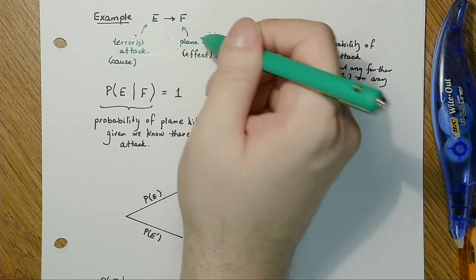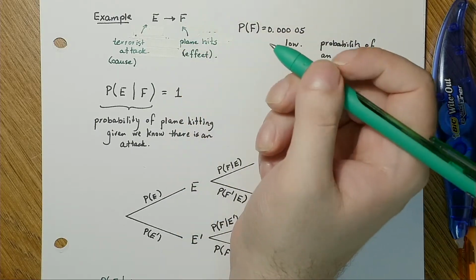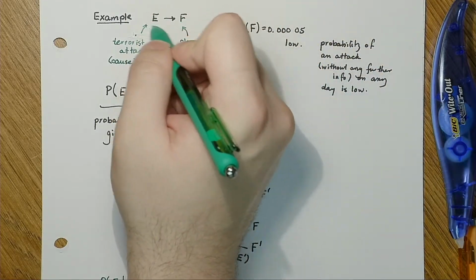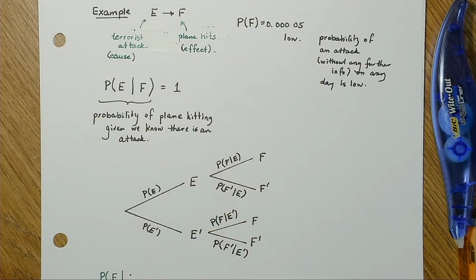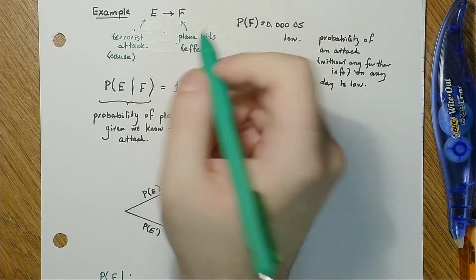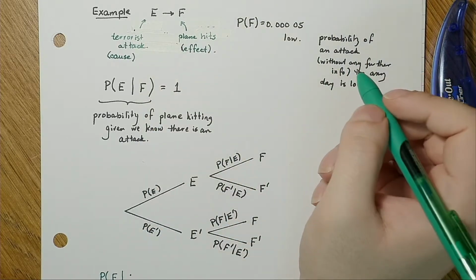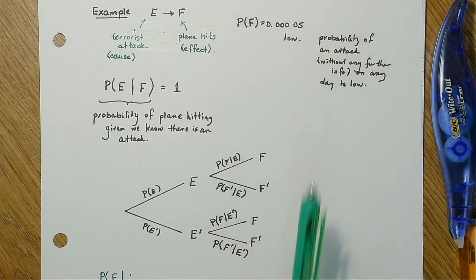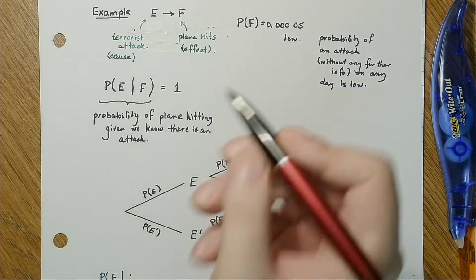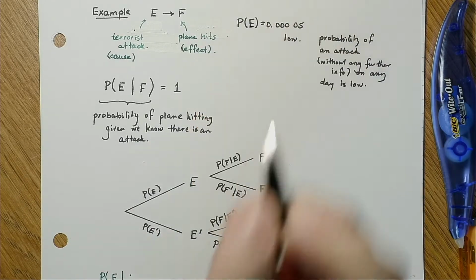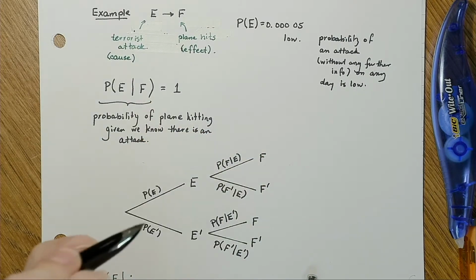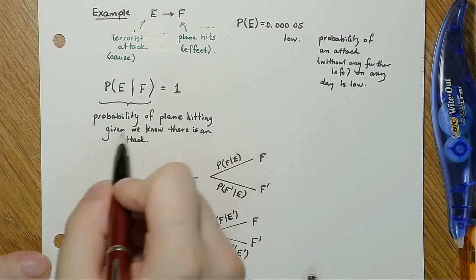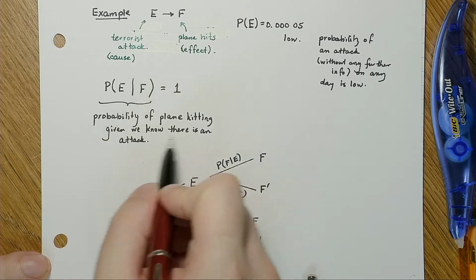So again, a plane could hit and it could be an accident, but it may not always be caused by this, right? So there's an effect. What we'll say then over here is that the probability of an attack is quite low. So we'll call this E. And over here, we'll say the probability of a plane, given that we know that there is an attack.